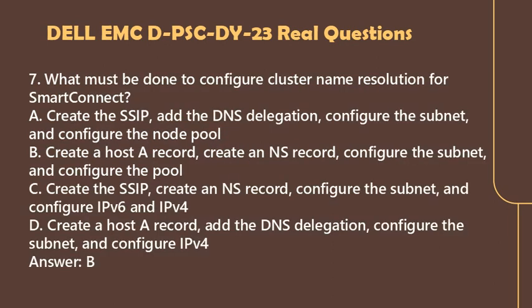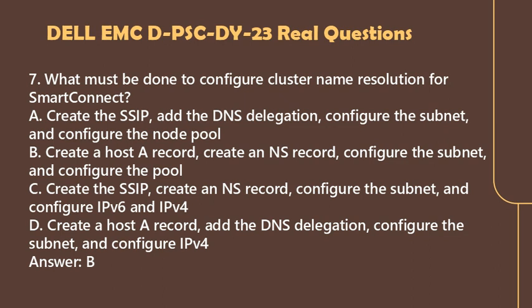7. What must be done to configure cluster name resolution for SmartConnect? A. Create the SSIP, add the DNS delegation, configure the subnet, and configure the node pool. B. Create a host record, create an NS record, configure the subnet, and configure the pool.